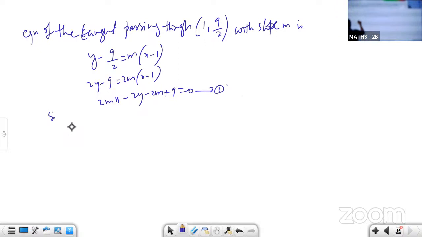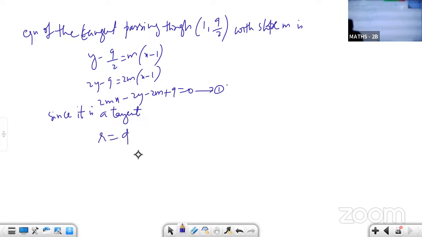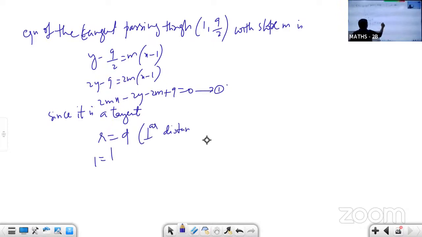But since it is a tangent, your r will be equal to d. Which r am I considering? First circle. First circle radius is what? 1. Perpendicular d means perpendicular distance from the center.